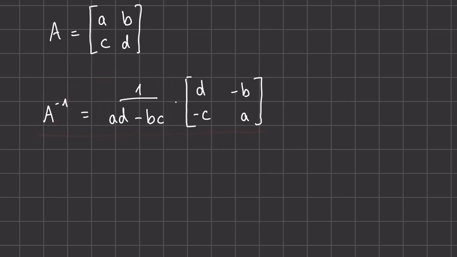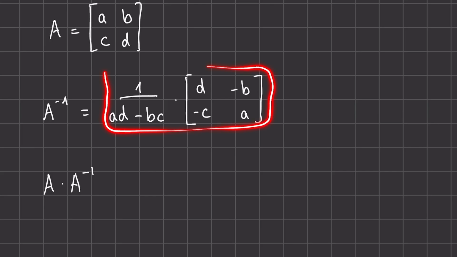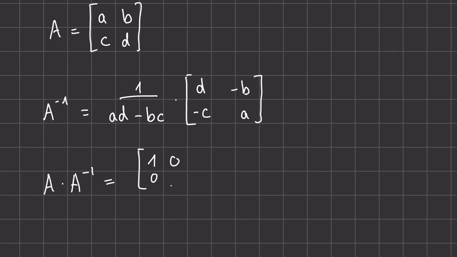Now this is a really neat solution because we can just plug in values. And if you want to verify that this formula is correct, I suggest that you grab a sheet of paper and you write down A times the inverse of A, and then you plug in these matrices and solve it yourself, and you'll see that the result is our identity matrix of size 2.